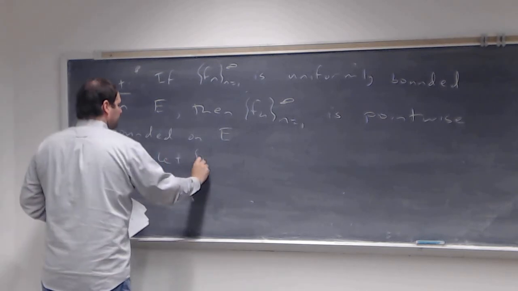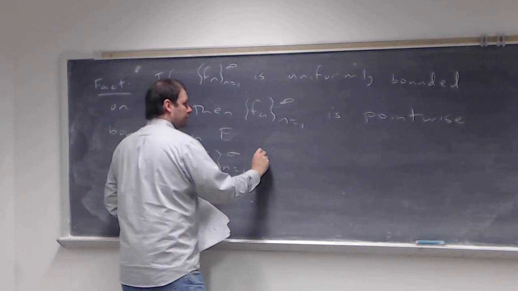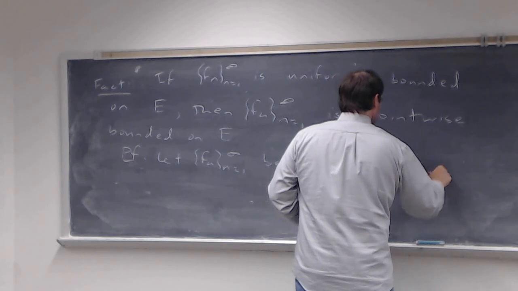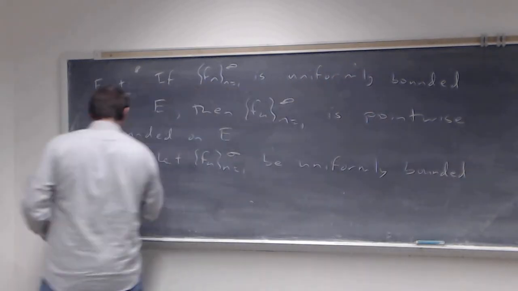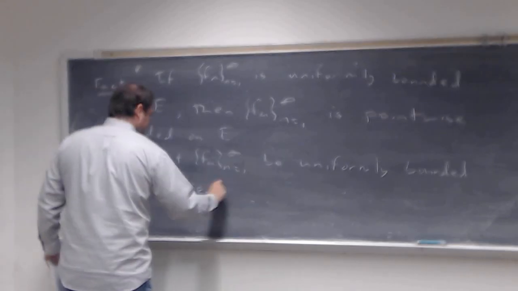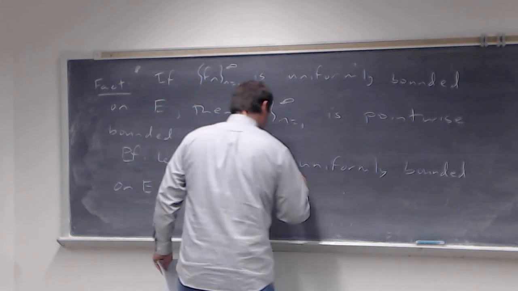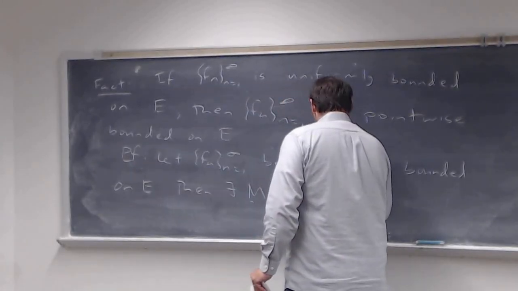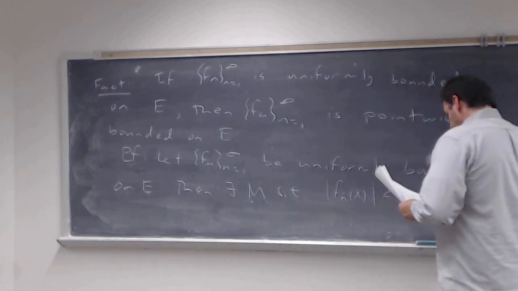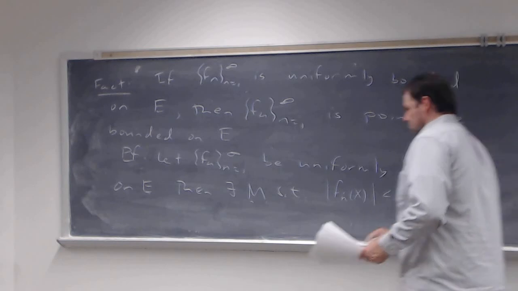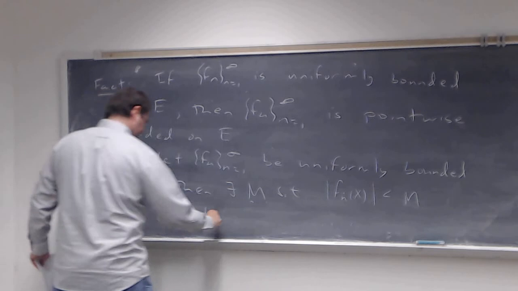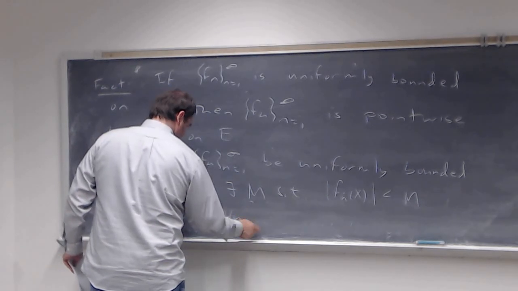We let f sub n be uniformly bounded on E. That means there exists an M such that the absolute value of f sub n of x is less than M, for all x an element of E and for all n natural numbers.